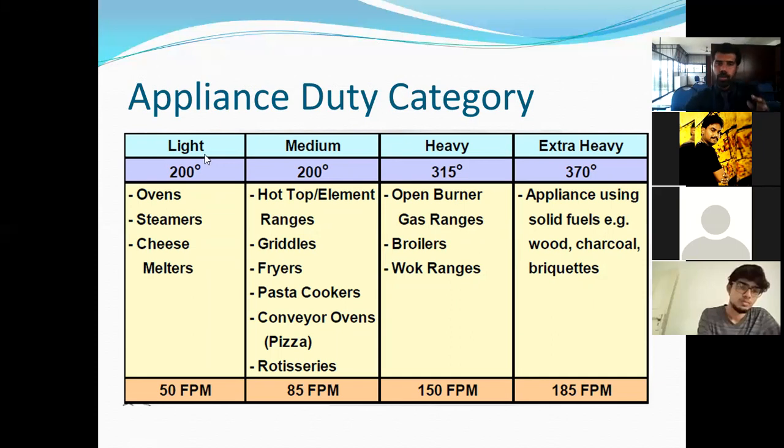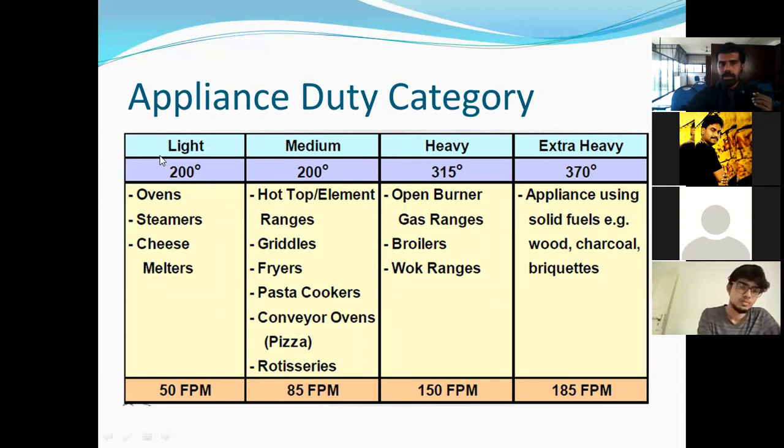There are 4 types of duty: light duty, medium duty, heavy duty, and extra heavy. Light duty is where the temperature is 200 degrees Celsius. Heavy can go up to 315 degrees Celsius, and extra heavy comes to 370 degrees. These are the 4 main duty categories.